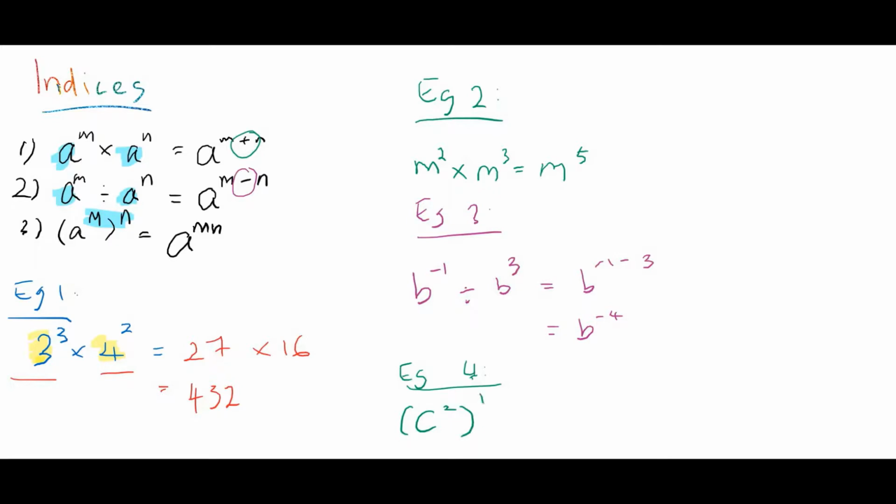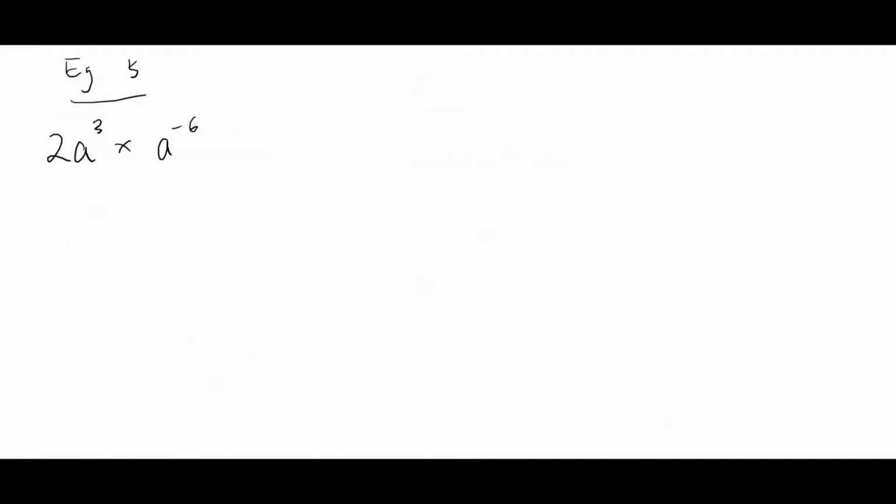What about c power 2 and then the close bracket with power half outside? Formula 3 says that you multiply both the powers, therefore 2 multiplied with half gives you 1.